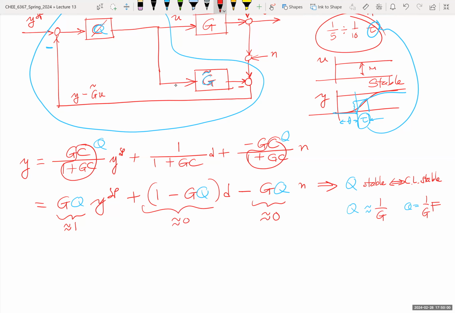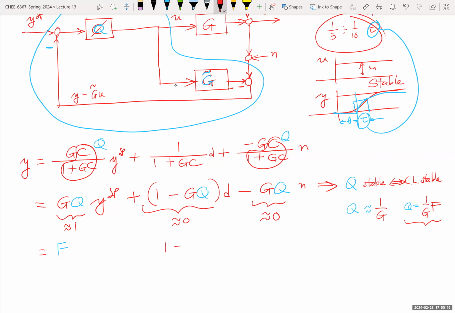This design, for example, tells us that the best response that we can get here is just the filter F if 1 over G is stable.